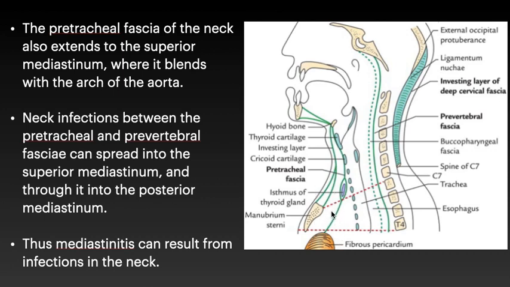So neck infections between the pretracheal and the prevertebral fascia can spread firstly into the superior mediastinum and through it into the posterior mediastinum. So, mediastinitis can result from infection in the neck.